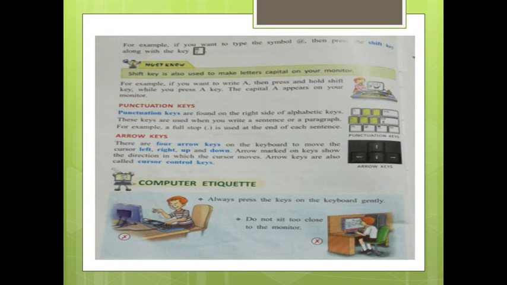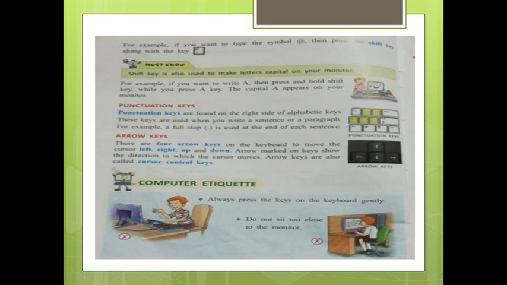The function keys are also there, and other punctuation keys are there. So please learn about the keys. It's so important. It's easy if you are learning all the keys. You are the master if you carefully learn and use them. And press the keys smoothly, not hardly.